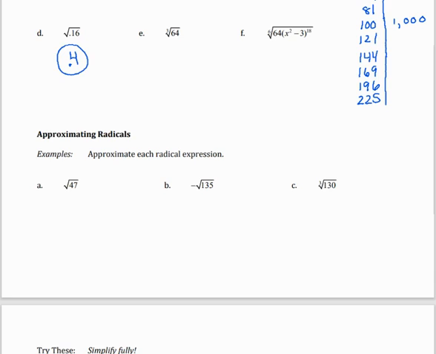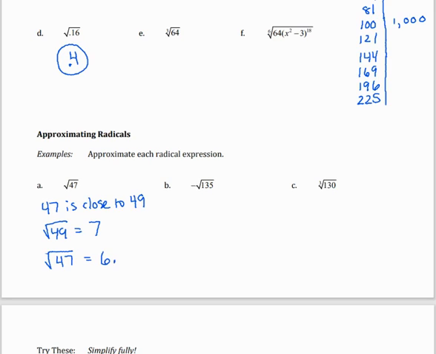So I know that 47 is really close to the perfect square of 49. And I know the square root of 49 is 7. Therefore, the square root of 47 is going to be really close to 7, but since it's a smaller number, it won't quite be at 7.